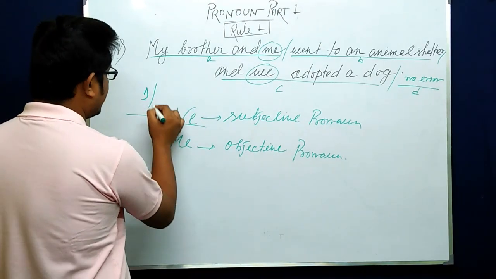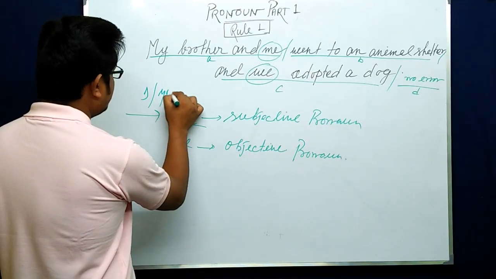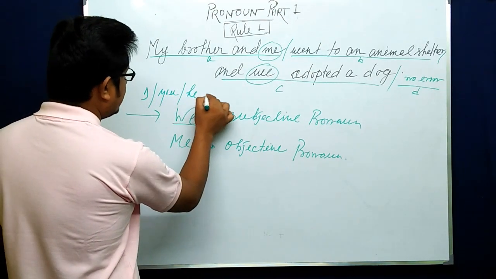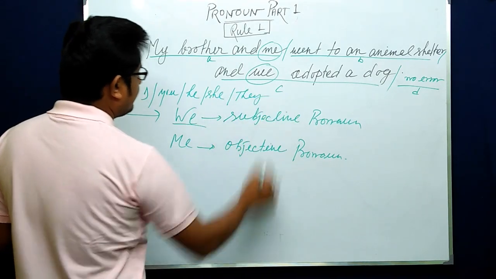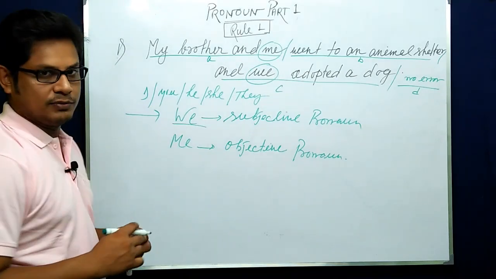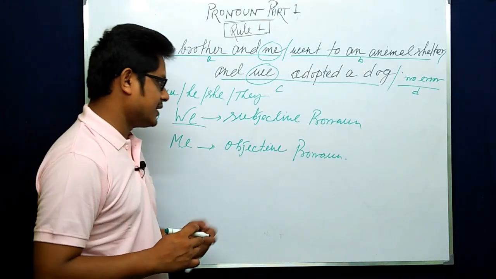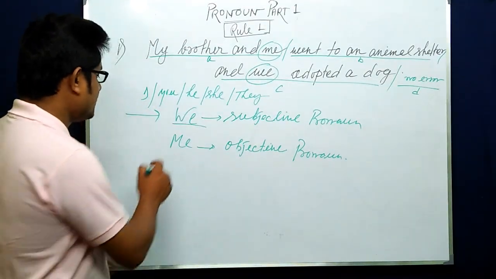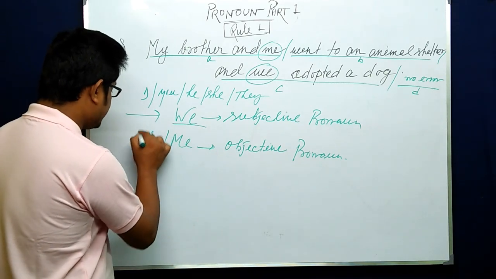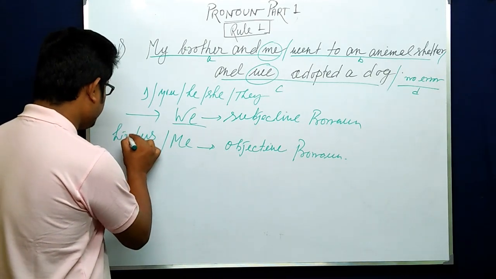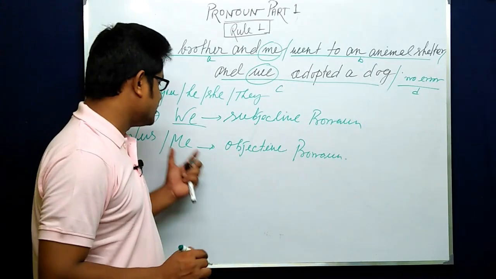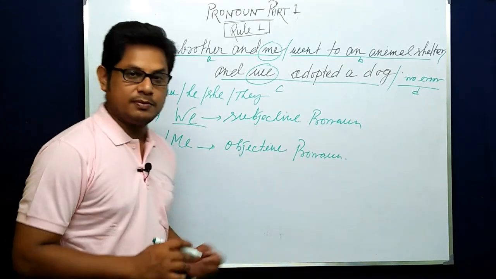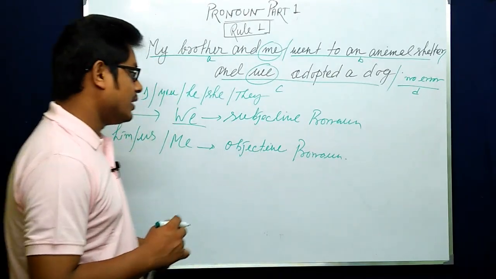You can use I, you, he, she, they. These all are subjective pronouns because they are used as subject. But at the same time, me, us, him, and many others, these all are used as objective pronouns. Now let me explain how.